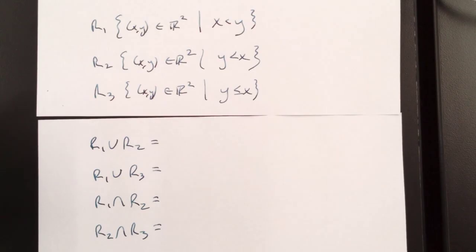R1 union R2. Help switch from set to logic. What word goes with that union idea? Or. So I'm asking for x is less than y, or y is less than x. What's the only thing that's not allowed?